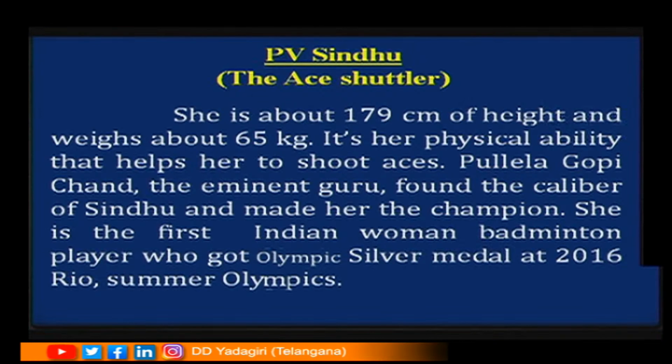So, children, you can observe that in the tabular profile we included the height and weight of the person, because it is the caliber or capacity, physical ability. So, for a shuttler it is needed to shoot the aces. So, this is the third paragraph that is written about PV Sindhu.